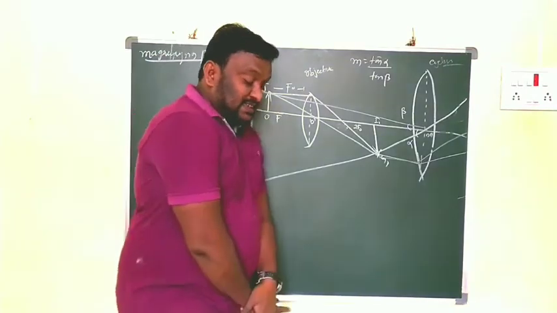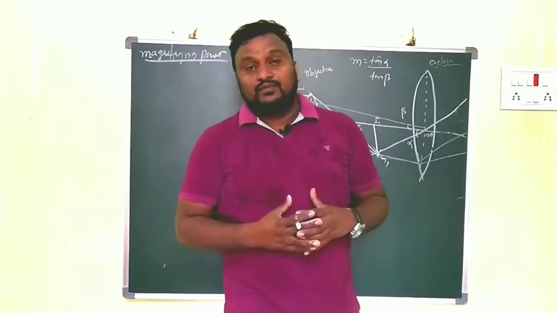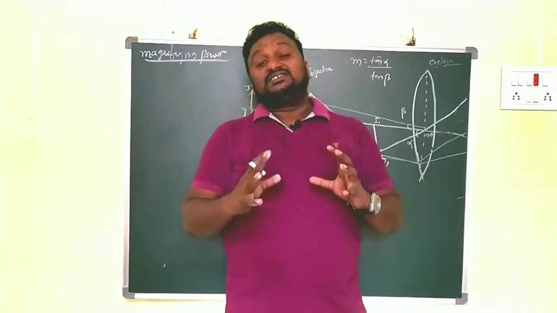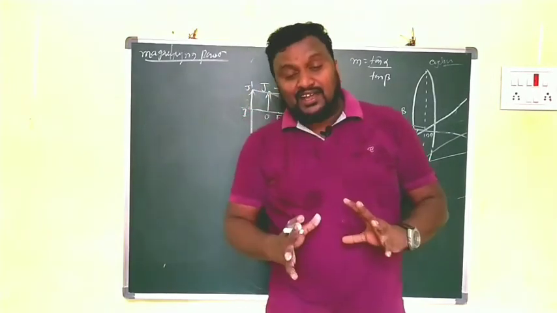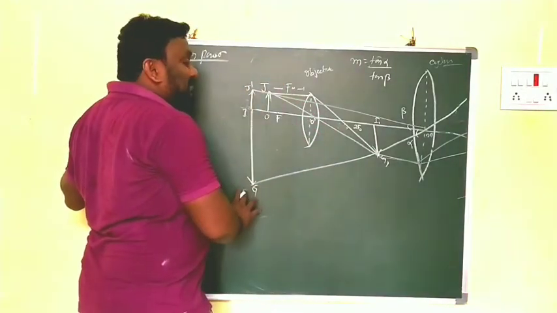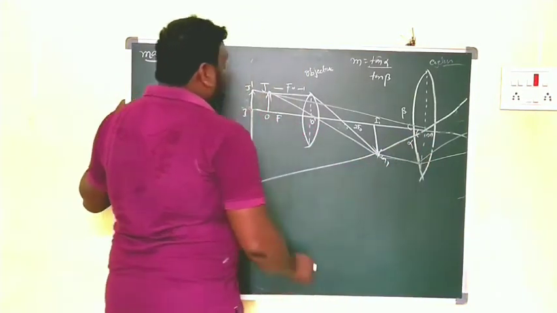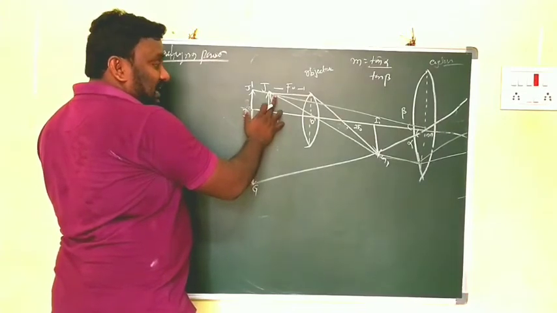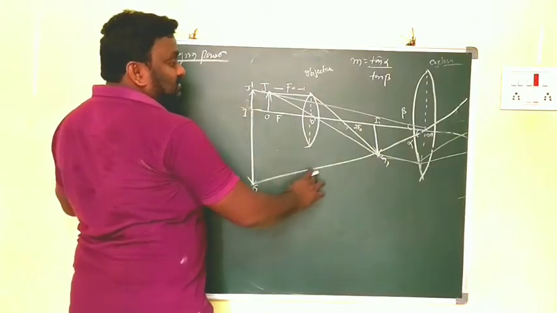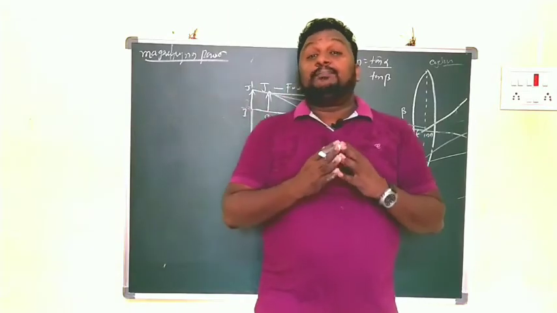I already told you how to define magnifying power in a simple microscope, but here we have two lenses. In this case the magnifying power is defined as the angle made by the final image at the optic center, alpha, and the angle made by the object when placed at the position of the image, beta. The ratio of these two is called magnifying power.